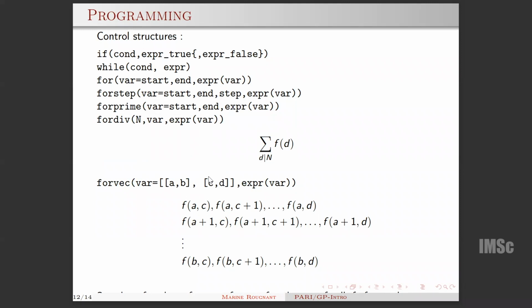So if you want to write your own function, at some point you will need some programming stuff, and mostly the control expressions. So this is the same if, for, while that you already know, but the syntax is specific to the software. So it's quite easy.